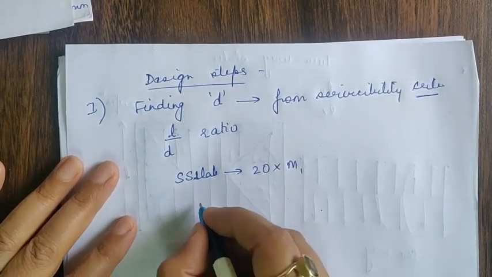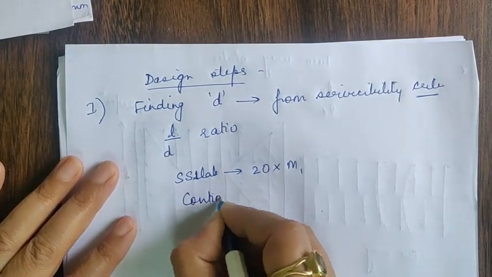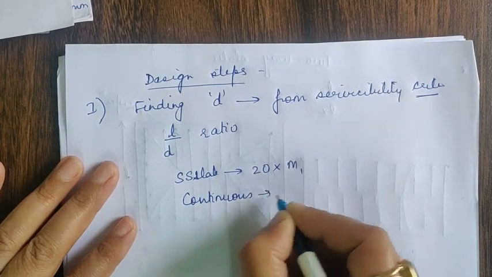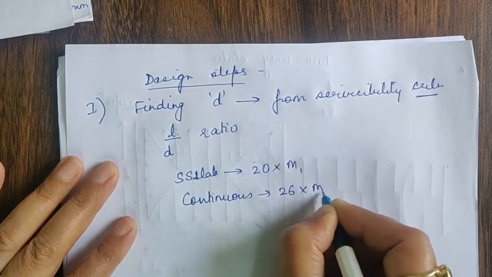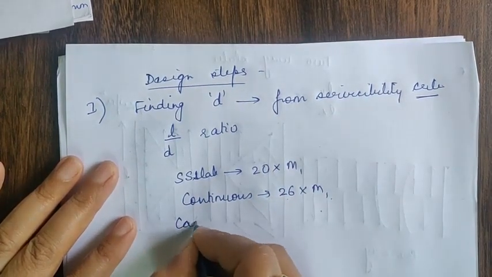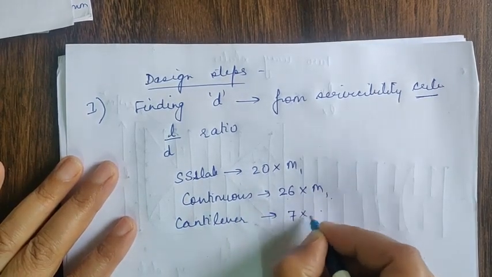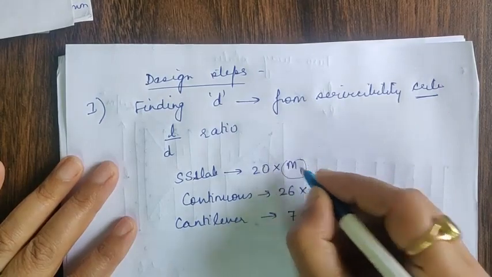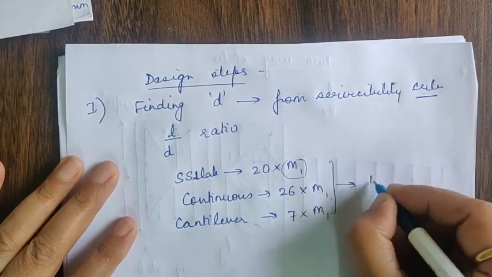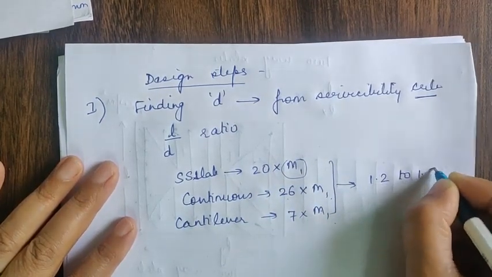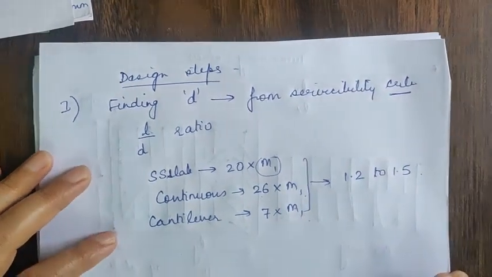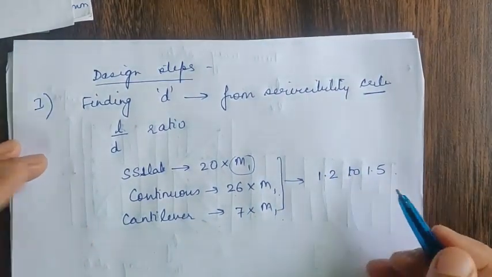If it is a continuous slab, it was 26 into a modification factor. If it was a cantilever slab, it was 7 into a modification factor. And this modification factor used to vary from 1.2 to 1.5 depending upon your requirements.